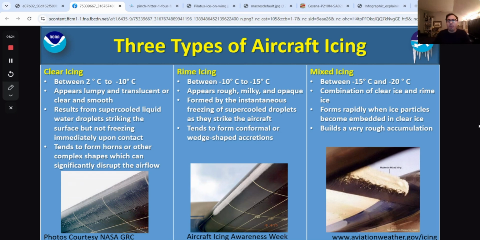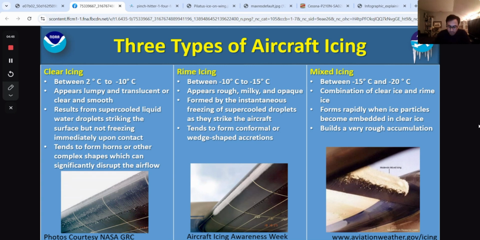That's a better way to think about what it looks like. They tend to form in more wedge shapes. What's happening here is these supercooled water droplets are now forming on contact. Before with clear ice, they weren't immediately forming on contact with the surface. Now with rime ice, immediately upon touching the wing, or the surface of the airplane, it's going to freeze.